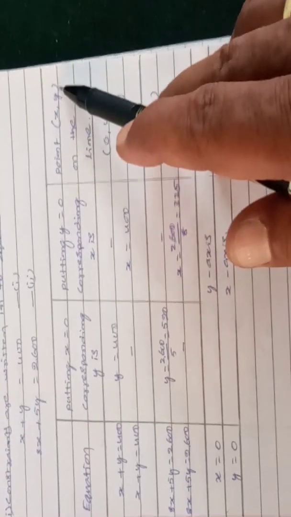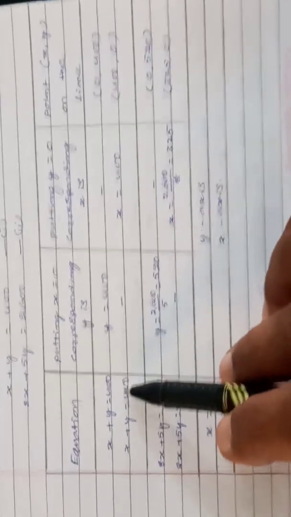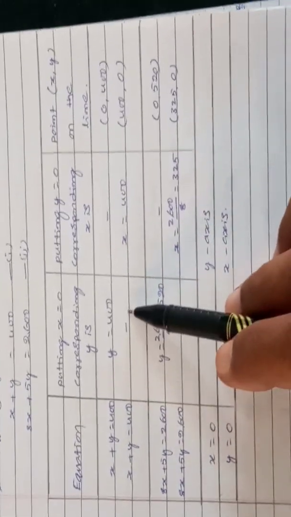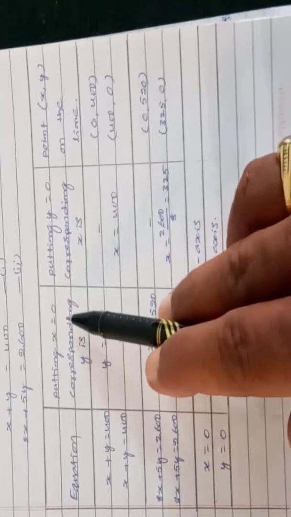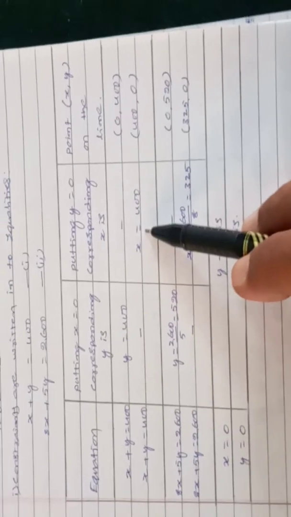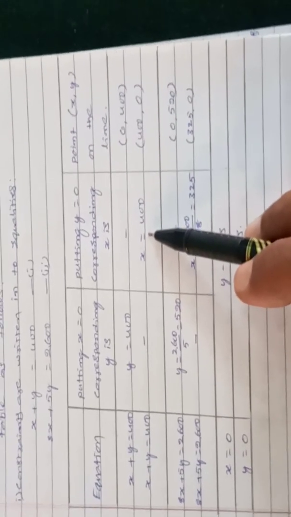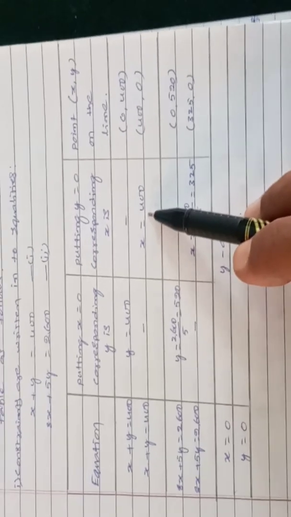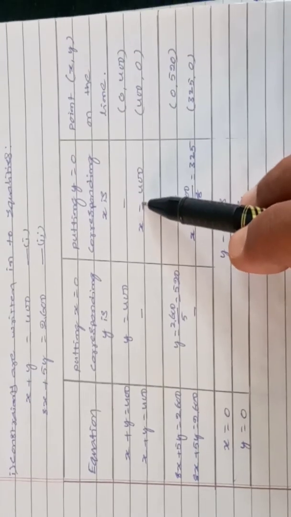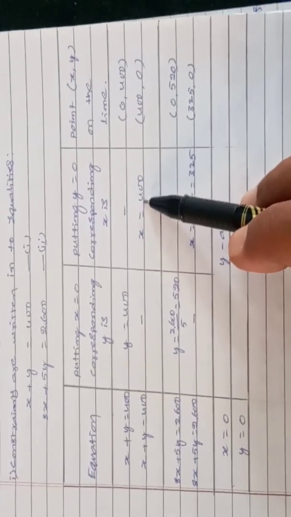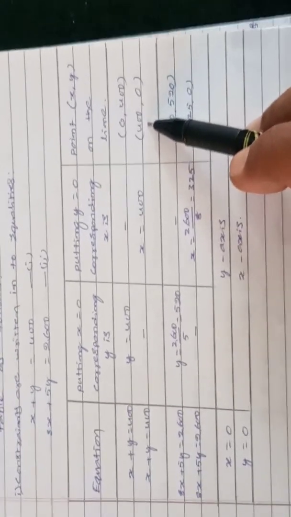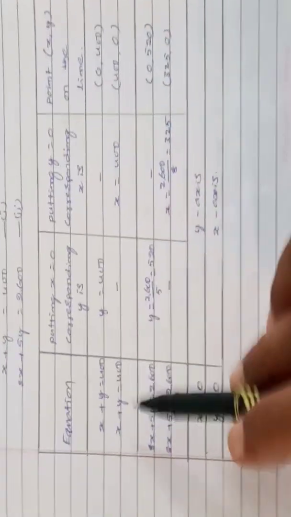Repeating the same equation, x plus y equal to 400, now calculate the value of x when y is 0. Therefore x equal to 400 divided by 1, we get 400. The point is x is 400, y is 0.